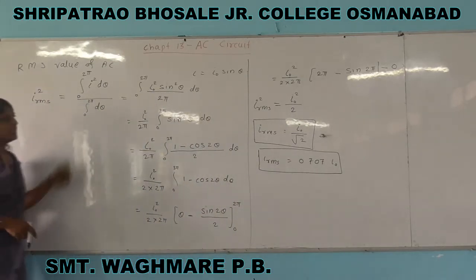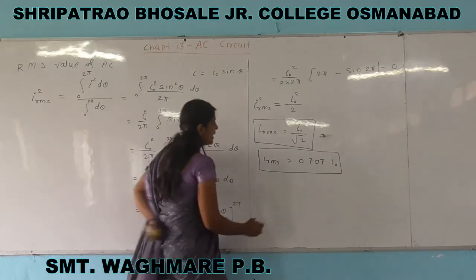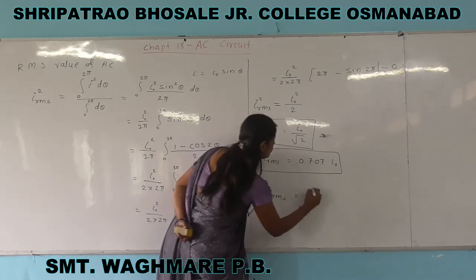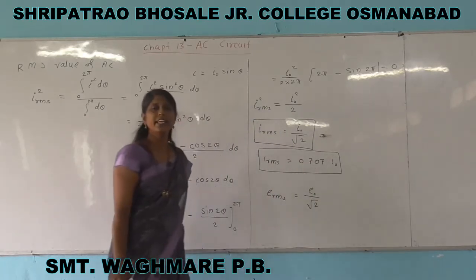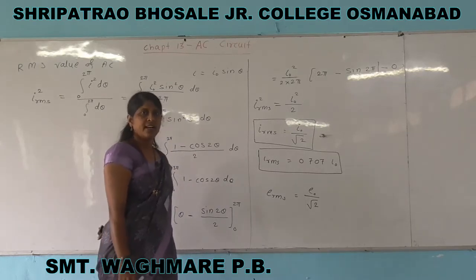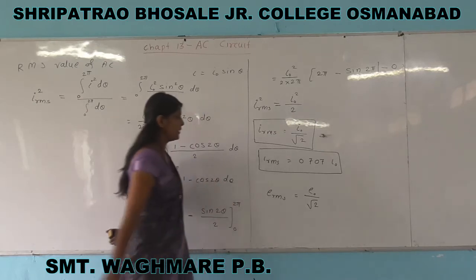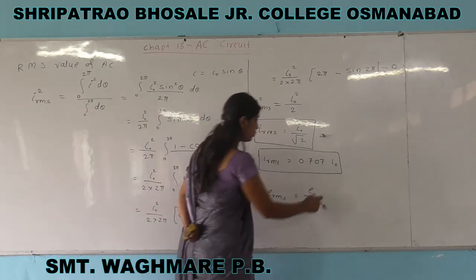In the same way, if you take the derivation of E RMS, we get E RMS is equal to E naught upon root 2, because the equations of E and I are the same.